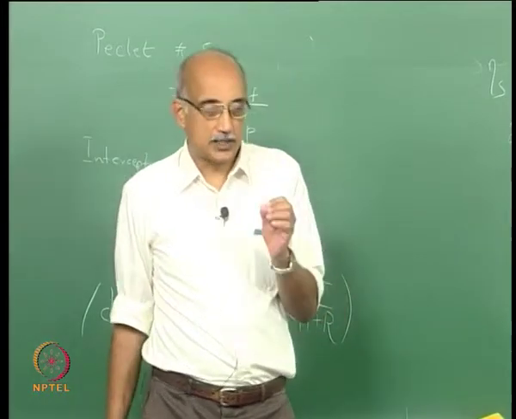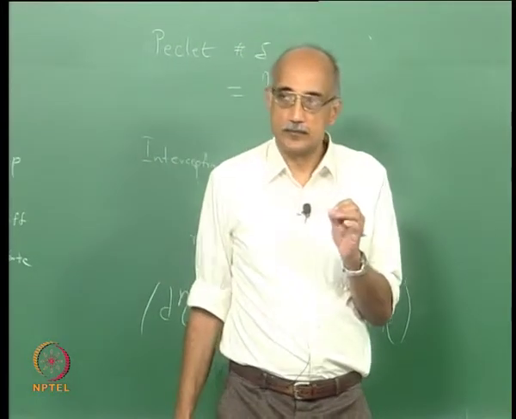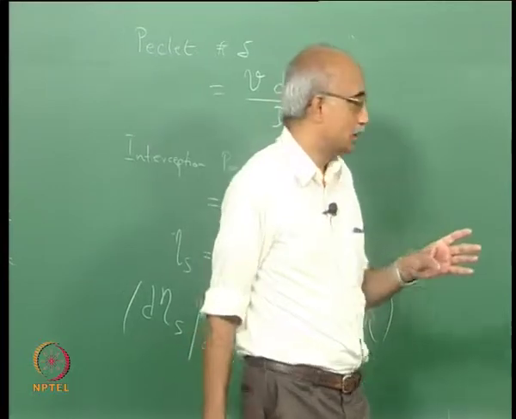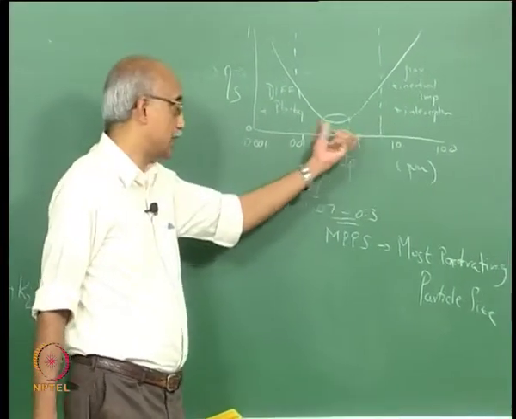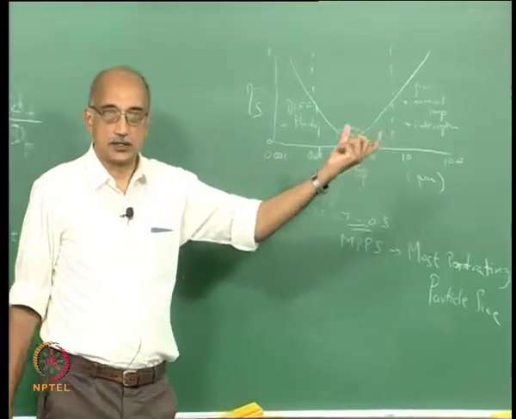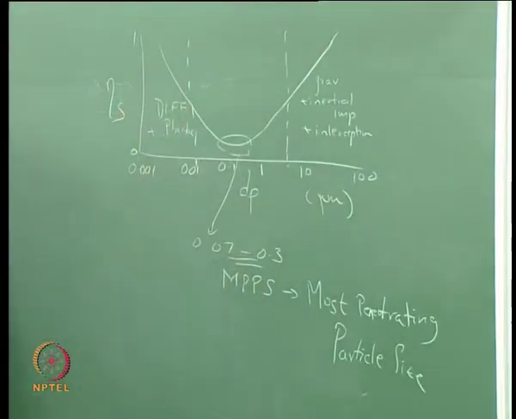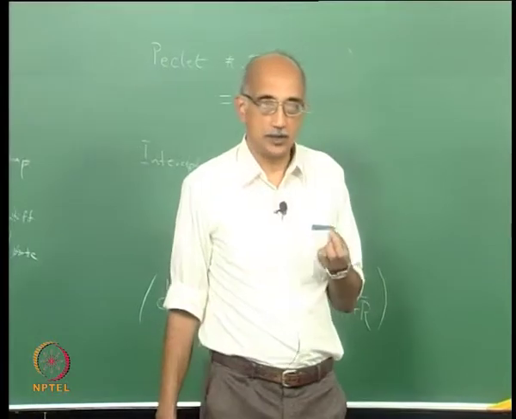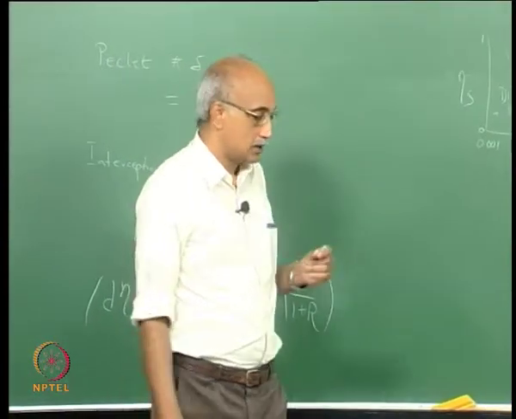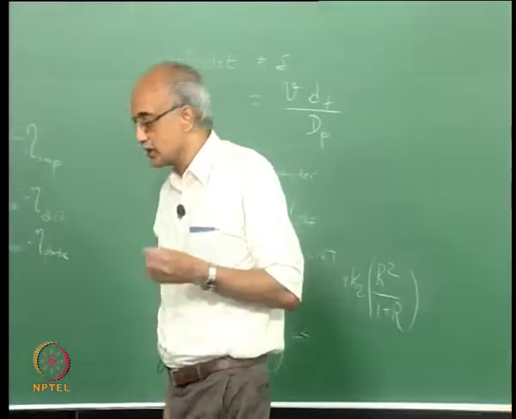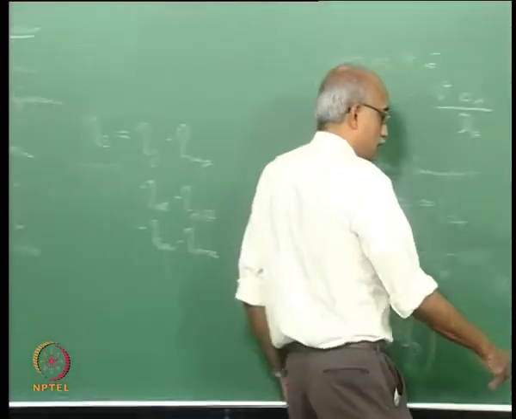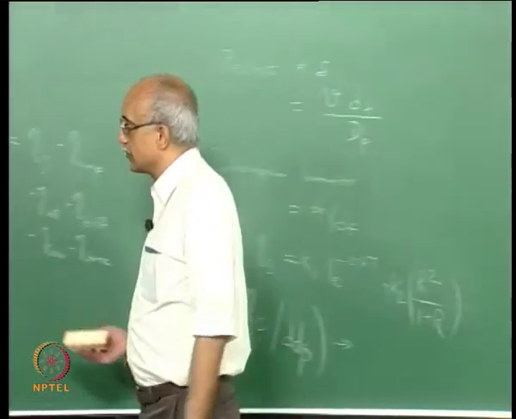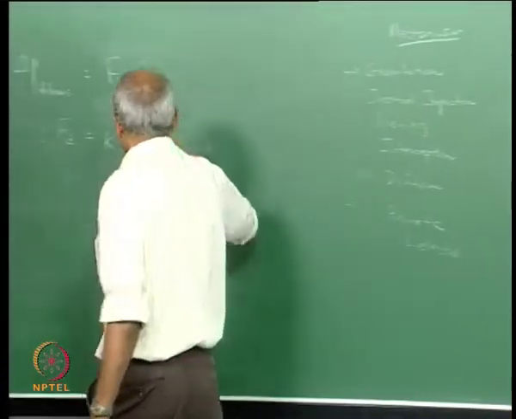So if you are trying to assess the efficiency of the filter, then you should really challenge it not with particles in this size range or this size range, but rather with particles in this size range, because then you will really be testing the capabilities of the filter. And in fact, filter efficiency characterization is obviously of a lot of importance in many manufacturing industries.